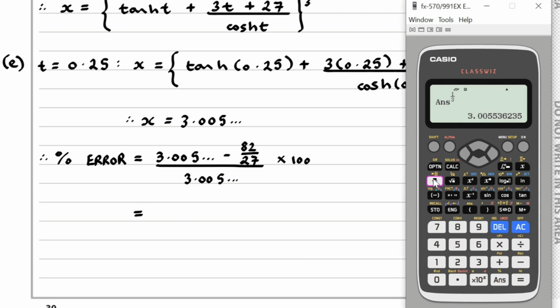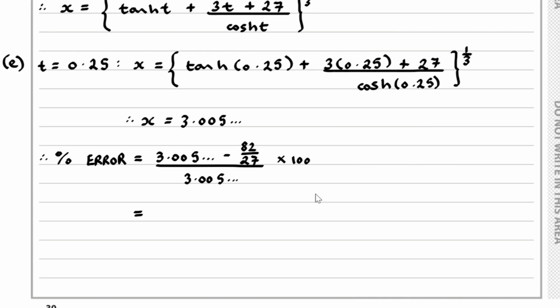So we've got this minus 82/27 over this times 100. Done that the wrong way around, but I'll just straighten this up.